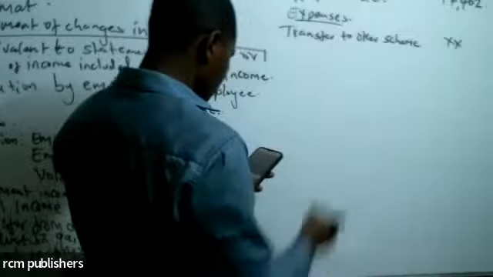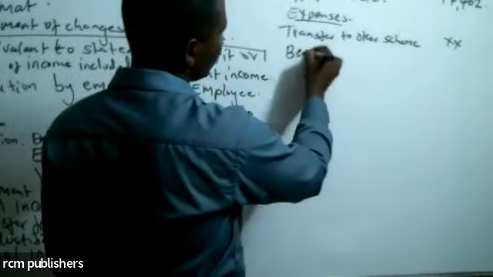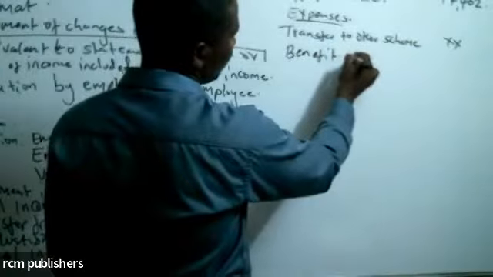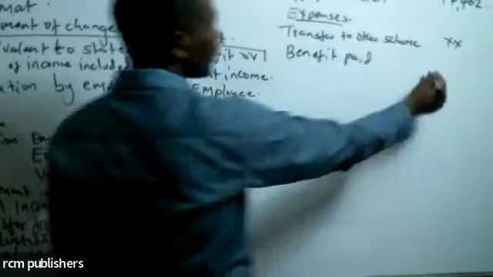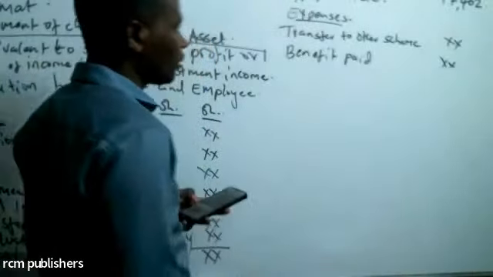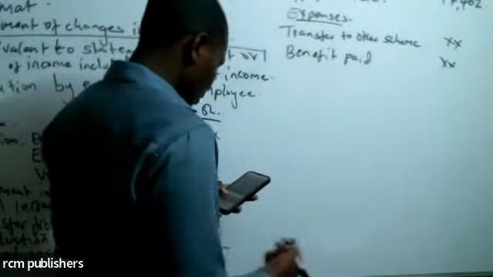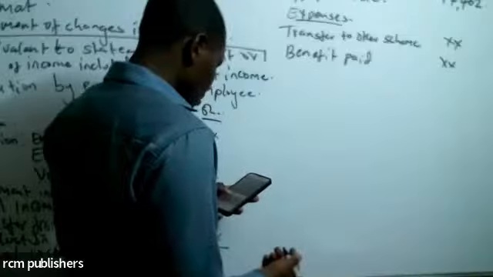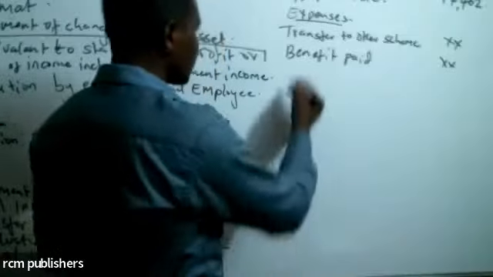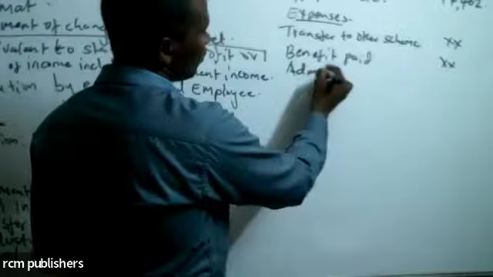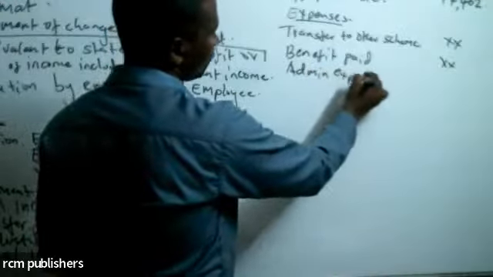Then we have benefit paid. We said that it is not a guarantee that you get the benefit; if they don't make a profit, there is no guarantee. Then administrative expenses.